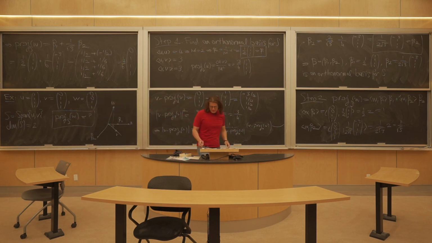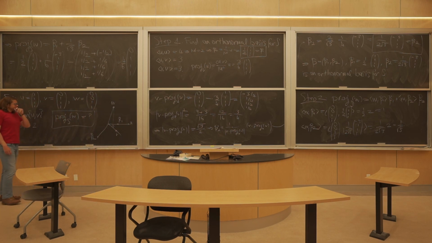Let me just check that I didn't make any mistakes. I did make a mistake. Oh no, I didn't make any mistakes. It's all good. If you want, you can do this 2 over 3, of course.